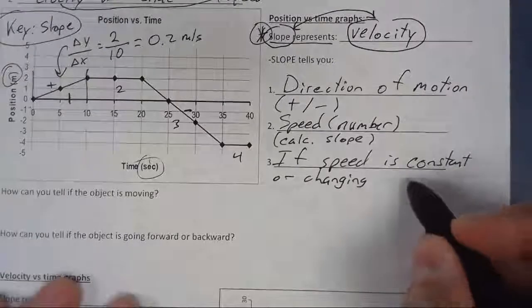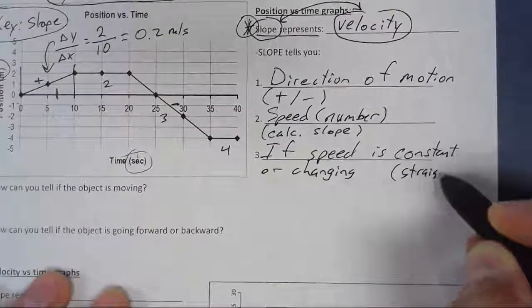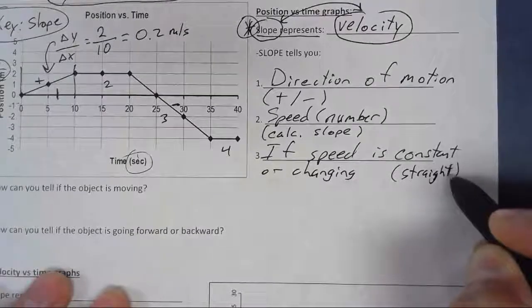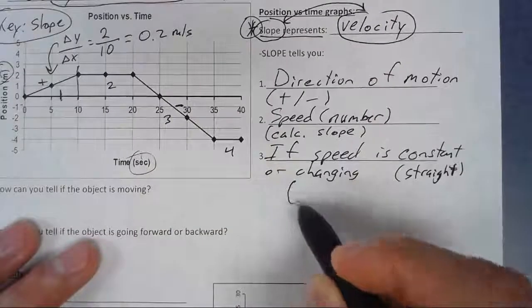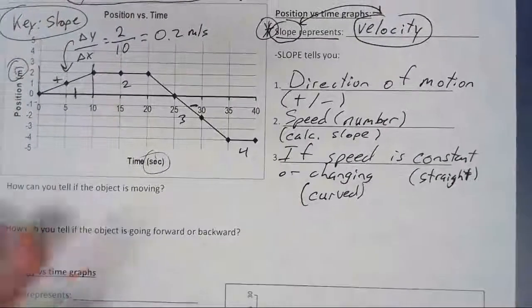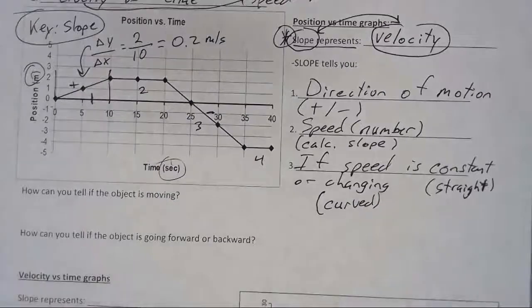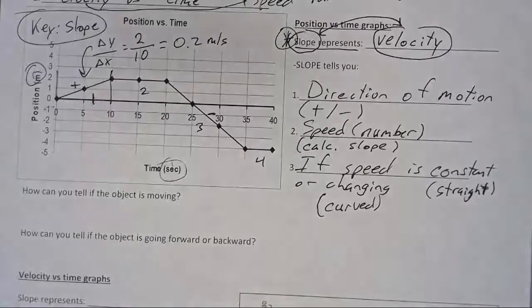If the speed is constant, the slope is going to be constant, which means you have a straight line. And straight does not mean horizontal. Straight just means simply not curved. If the speed is changing, the slope will be changing, which means the line will be curved. And we don't have any curved lines on this particular graph. So all these speeds are constant. They're not changing. But we will have curved lines on the next page.